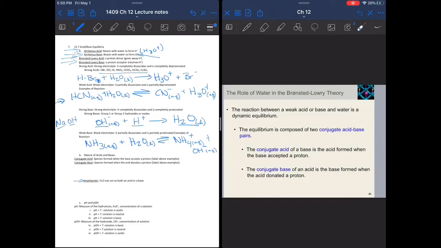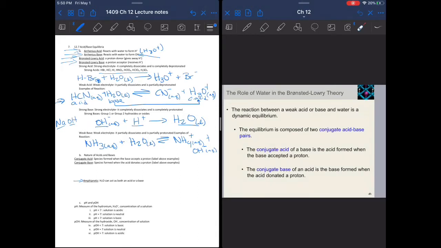We know that HCN is our acid and that water is acting as our base. Well, a conjugate acid is formed when the base accepts a proton. So if H2O is our base and it accepts a proton, this is called our conjugate acid, right? Because in the reverse reaction, it's acting as the acid.